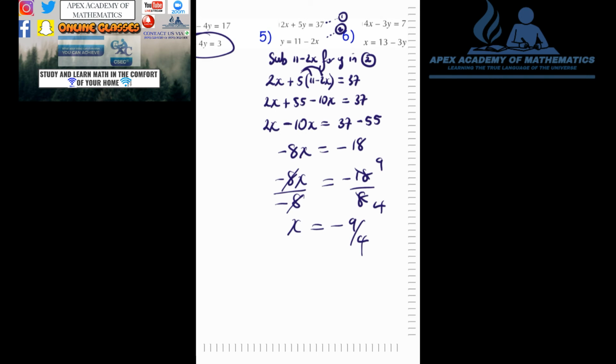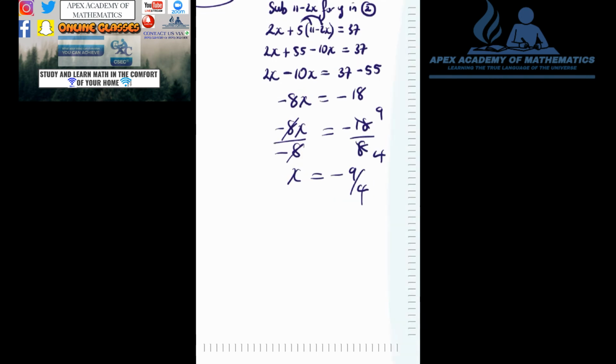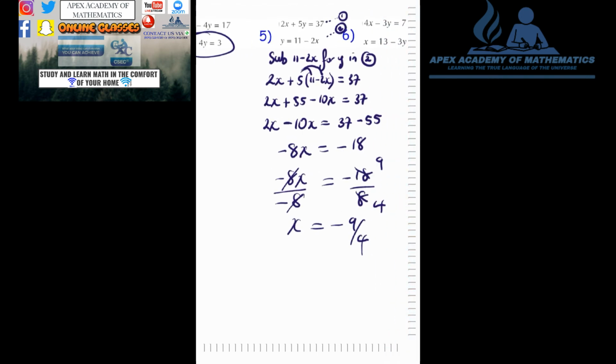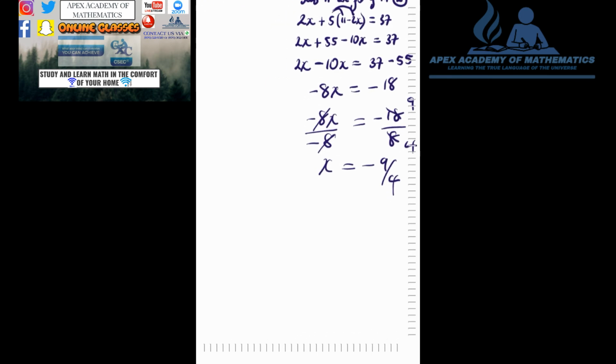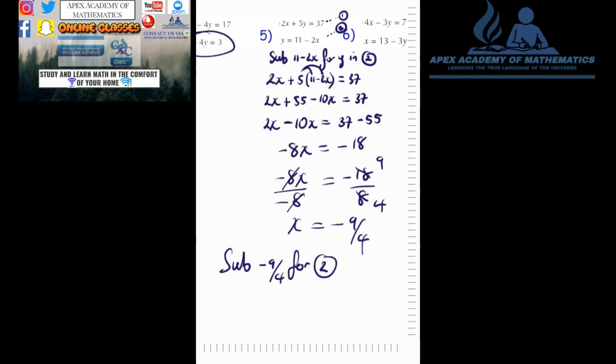All right, so we are going to go ahead now and substitute that value into equation 1. So we're going to now sub negative 9 over 4 for x in equation 2. This should have been equation 1 actually, right here. That's what we did.